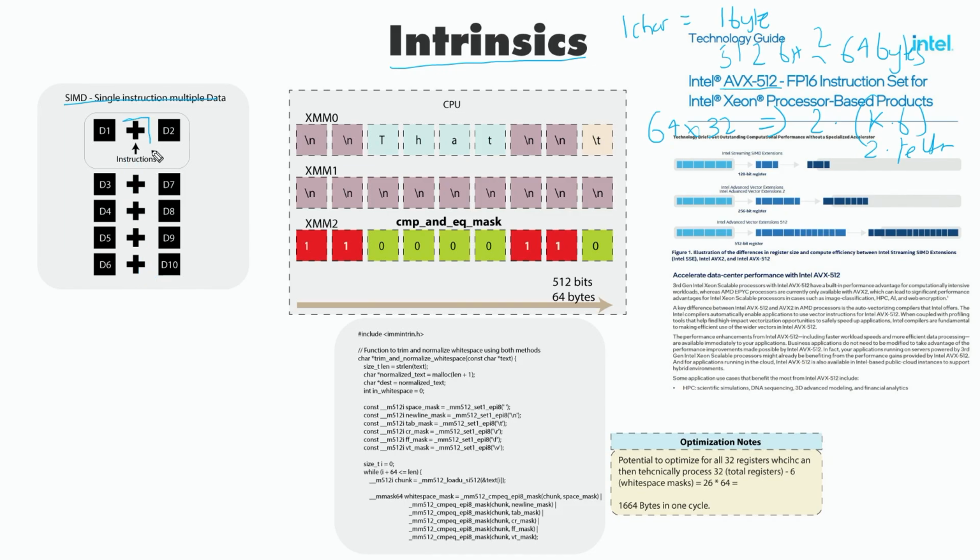In this particular case, the instruction is addition, but the data can change. So, for example, if I'm matching the word character and trying to see whether it's equal to \n.